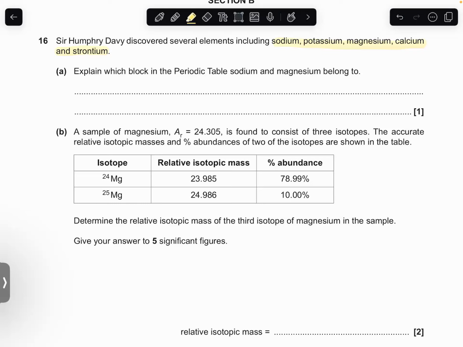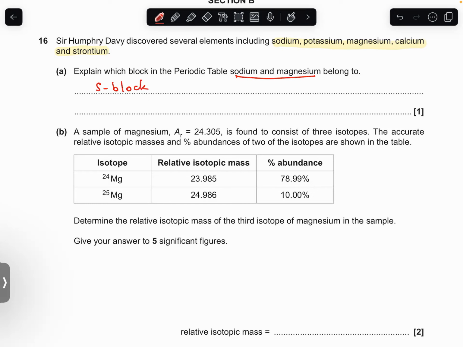Anyway, explain which block in the periodic table sodium and magnesium belong to. If you look in the periodic table, sodium and magnesium belong in the first two groups, which is known as the S block. Now, why do they belong to that S block?